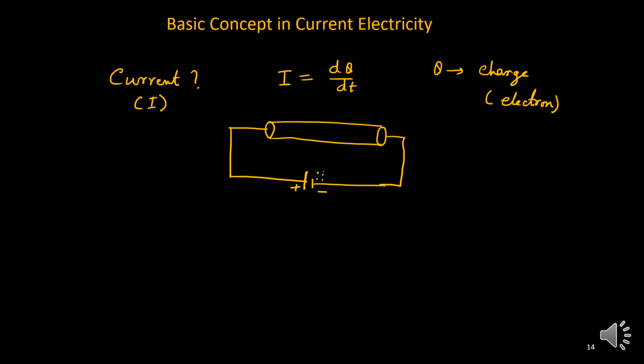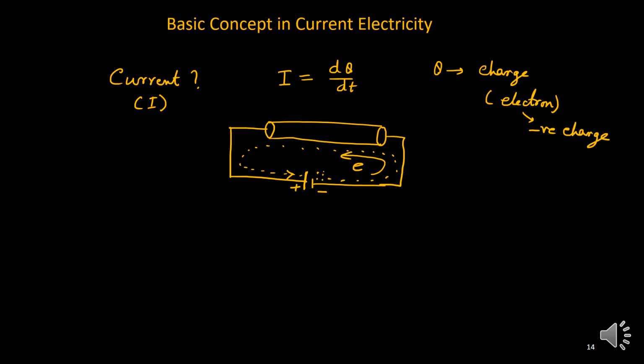Here it generates electrons, and those electrons move through this conductor and are ultimately collected at the positive plate. This is the direction of motion of the electron, e. Remember, the electron is a negative charge carrier.